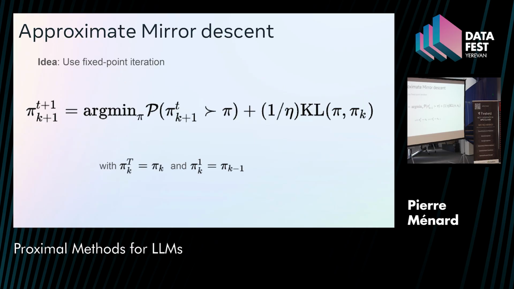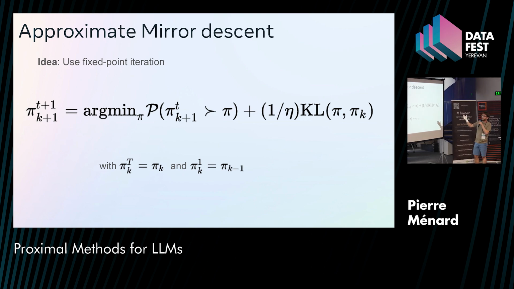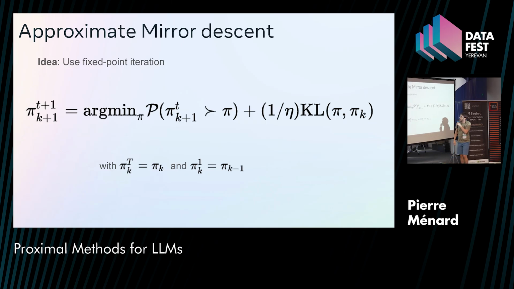That's interesting because you can approximate your update using fixed point iteration. I will apply my operator again and again, let's say capital T times. Once I did that, I say, okay, this is a good approximation of my fixed point, and I will stop there and move to the next step. So you fix just this regularization term, you apply your operator many times, and then you update your policy.